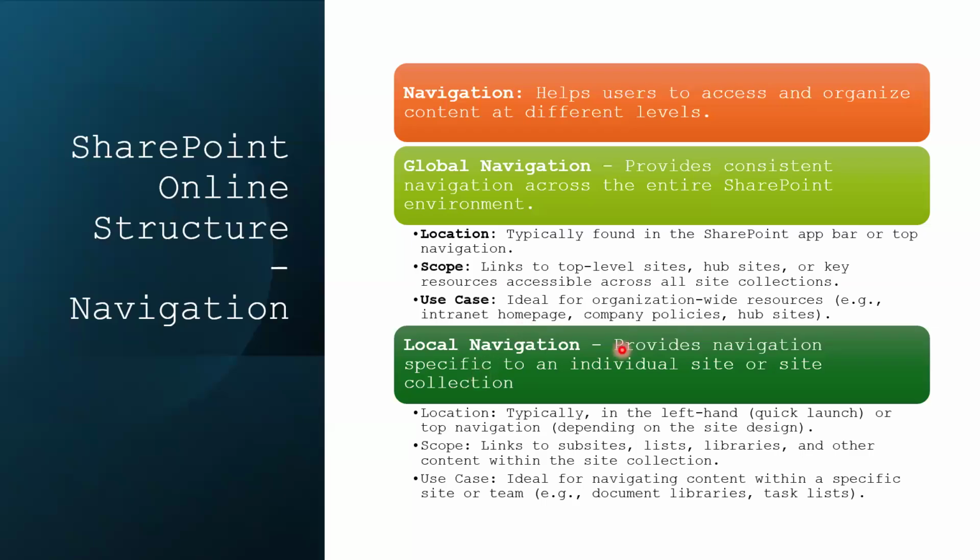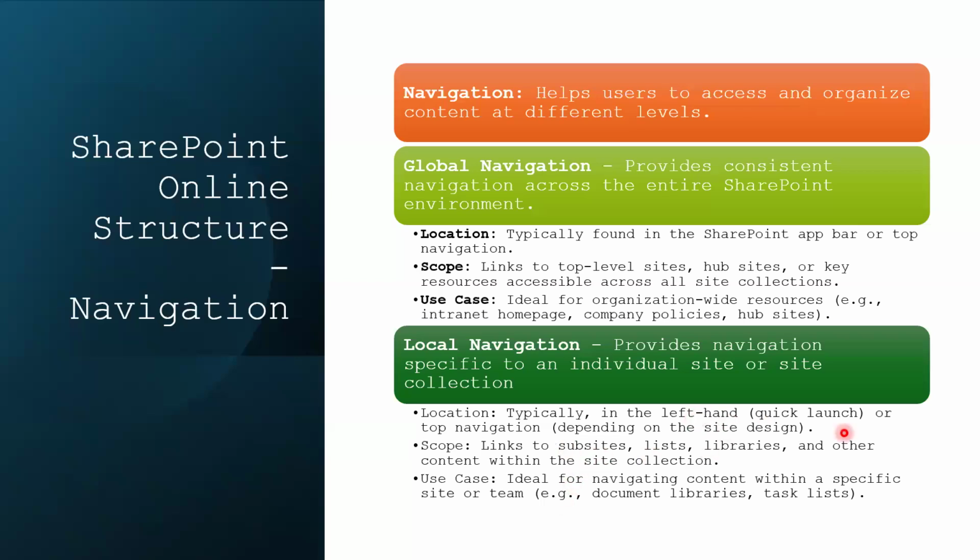The other navigation component is called local navigation, also called quick launch. Typically it will be on the left hand side. It provides navigation specific to an individual site or site collection, or we can also navigate to a specific list or library using this local navigation.